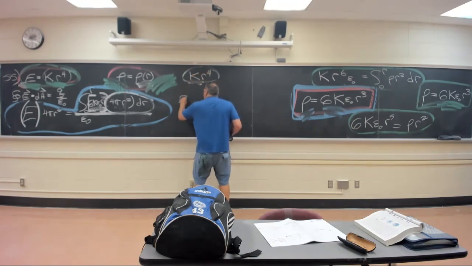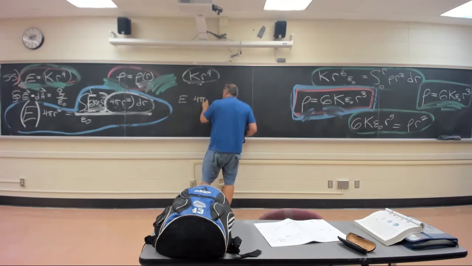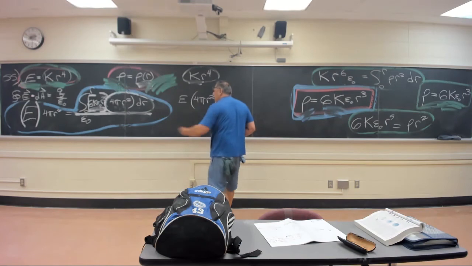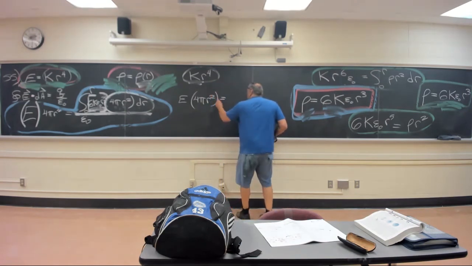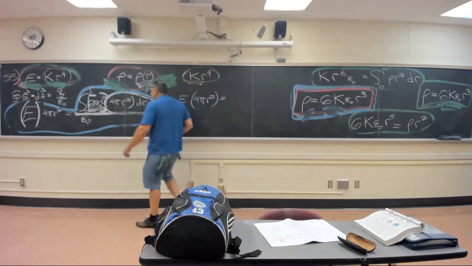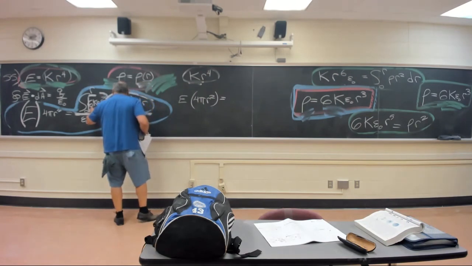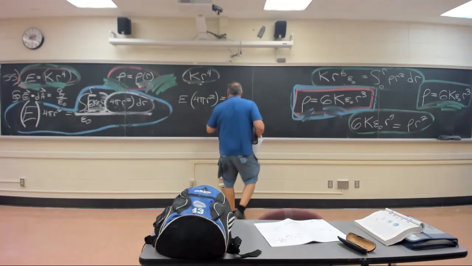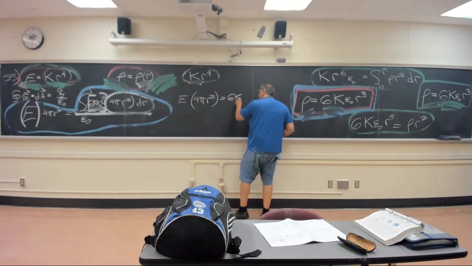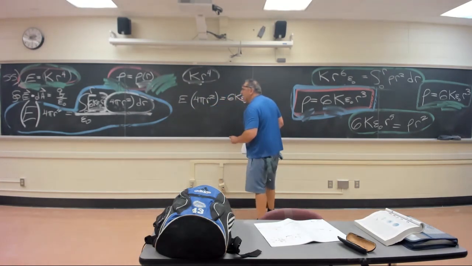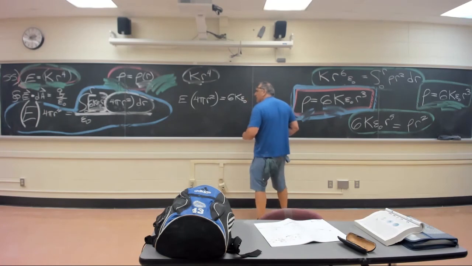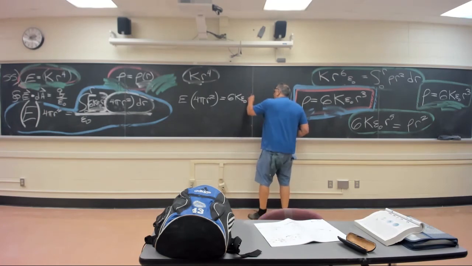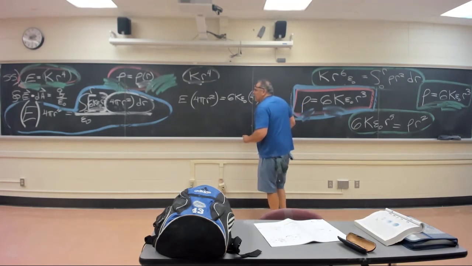What do we got? We got E 4 pi r squared. Okay, we did all that business. Integrate this thing. It's a lot of stuff to integrate here, guys. 6k epsilon naught times 4 pi. Right?